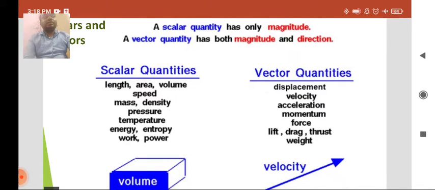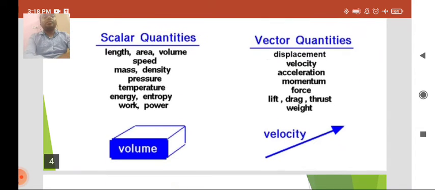All of these belong to vector quantities. Volume represents a scalar quantity and velocity represents a vector quantity, because a vector quantity is represented by an arrow, whose head shows the direction of the velocity.